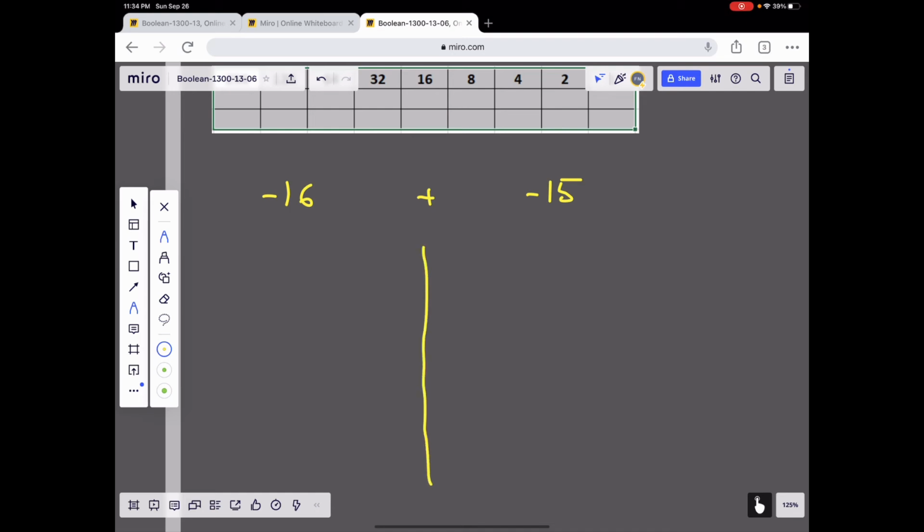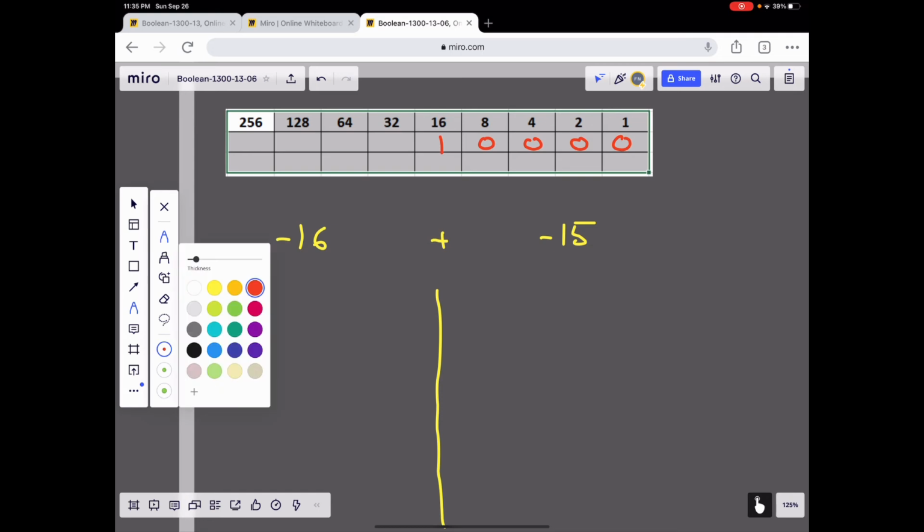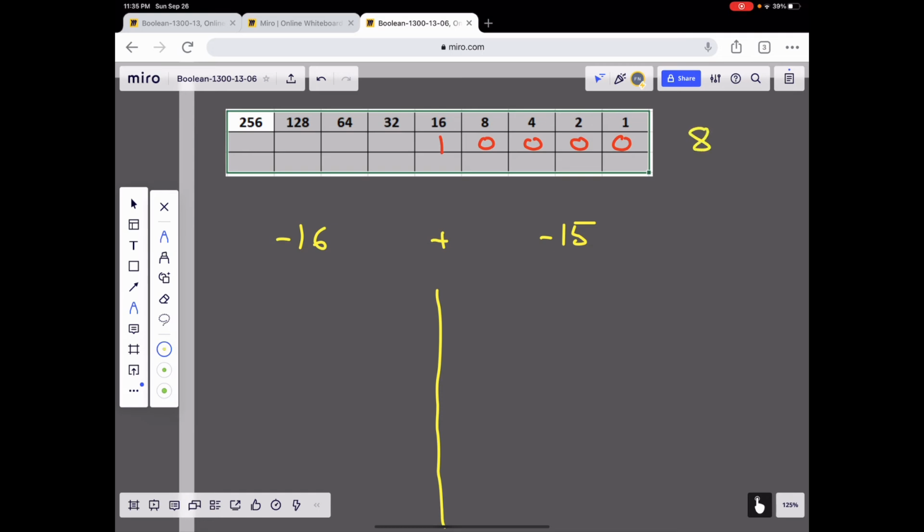So negative 16, that means first of all you have to find two's complement for 16 first. And 16 is equal, I'm going to write out here, 1, 0, 0, 0, 0. And they want to use 8-bit words. Make sure that you write out 8-bit words over here.